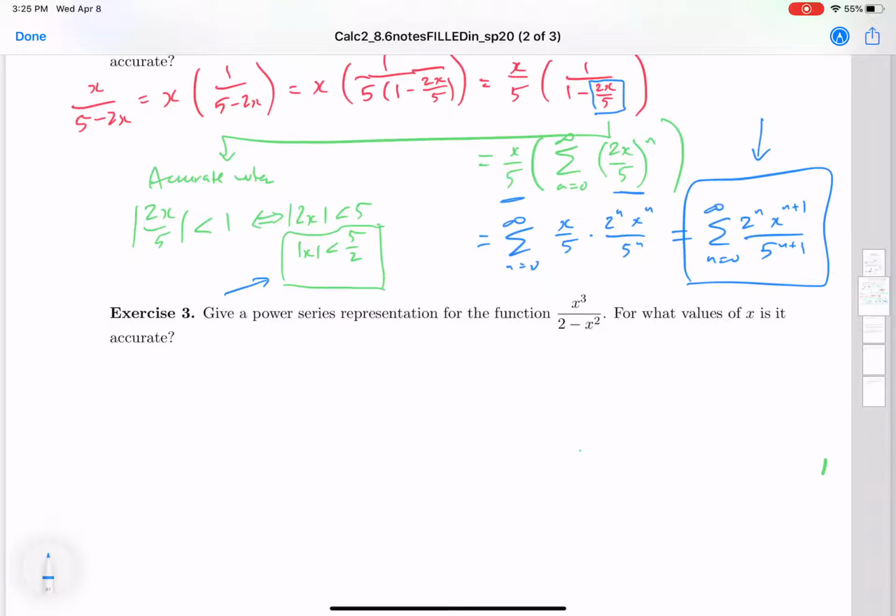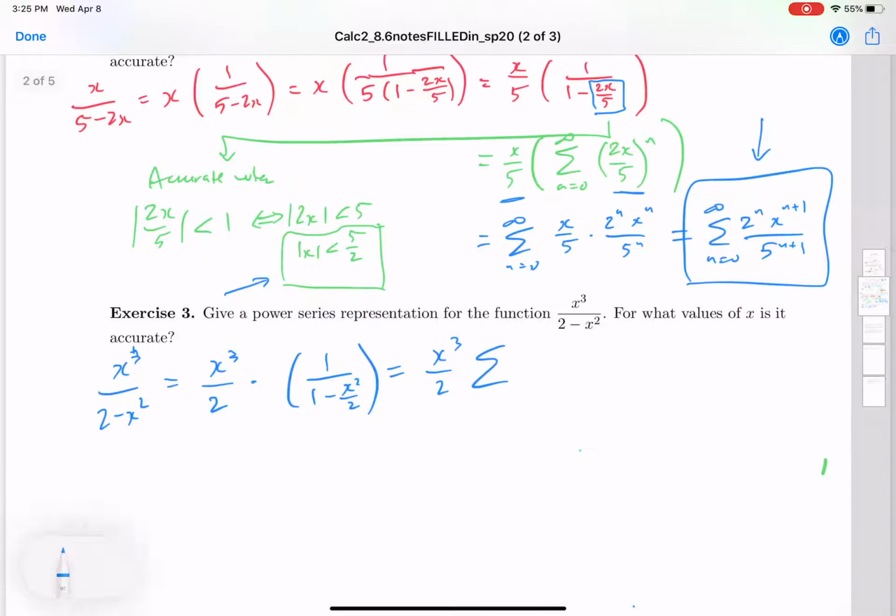Okay, so I'm going to start off by factoring out an x cubed out of the top and a 2 out of the bottom. I'm left with a 1 on top, and on the bottom I'm left with a 1 over x squared over 2. So the x cubed over 2, that stays out in front, and then this thing right here, the x squared over 2, that's my box.